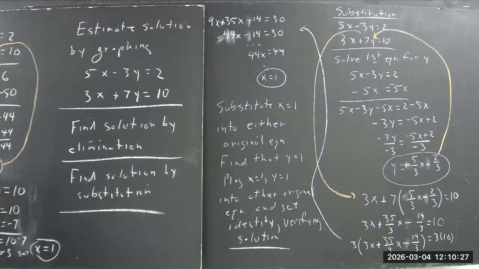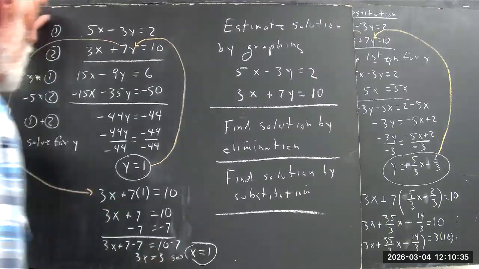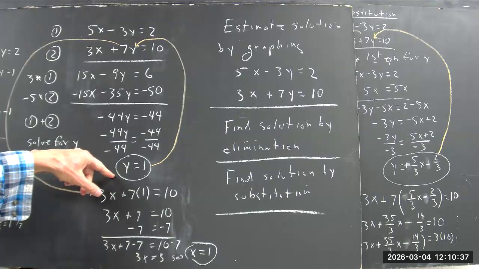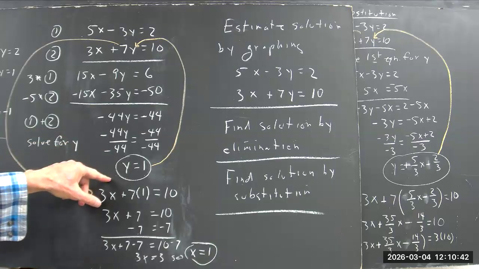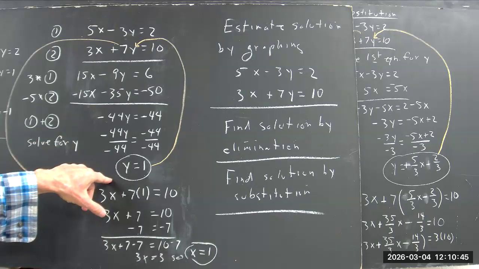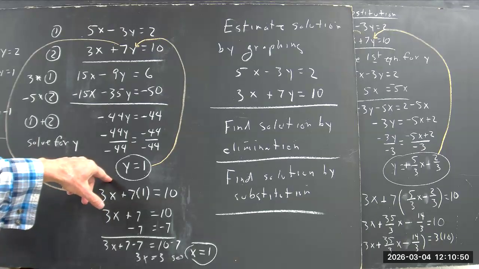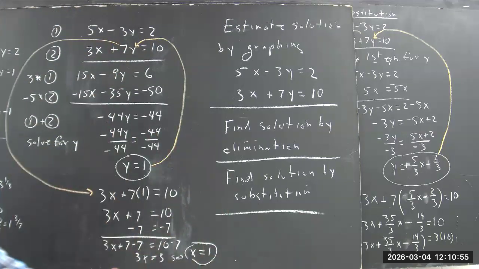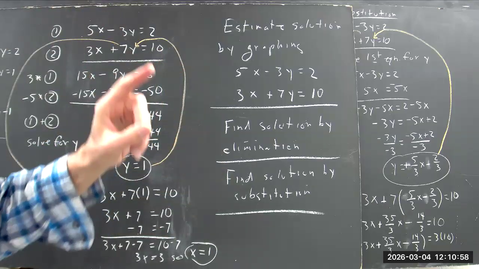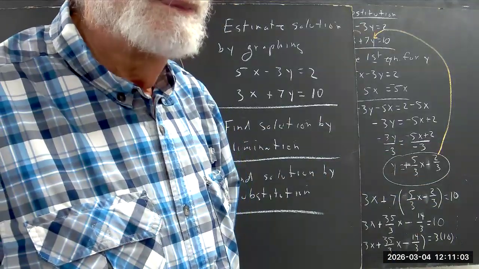Elimination, as we can now see, got us down to y equals 1 in just a couple of steps that never involve fractions, although solutions often will involve fractions. And then it was easy to substitute that into one of the original equations and find that x equals 1. And we got the whole solution more quickly than we would have gotten this solution even if I hadn't had a mistake. Okay?